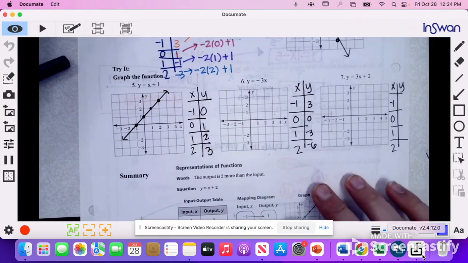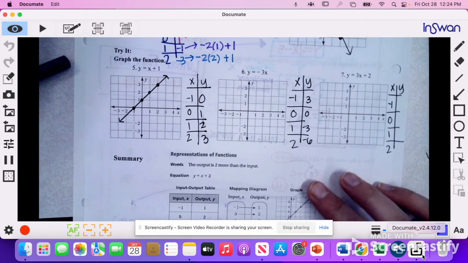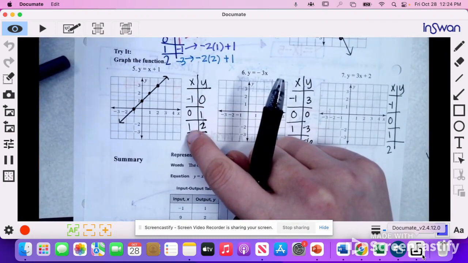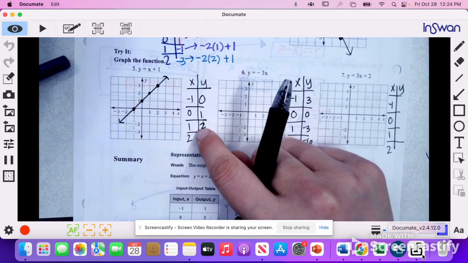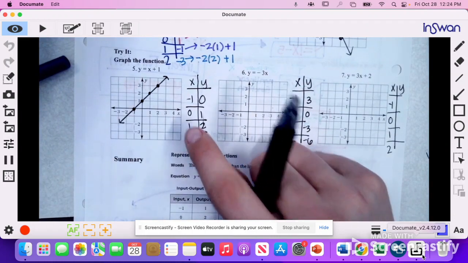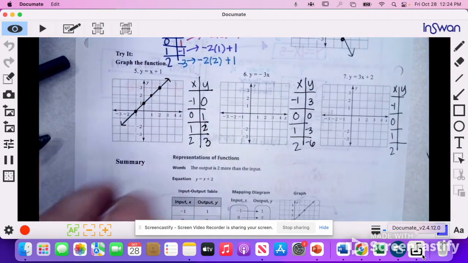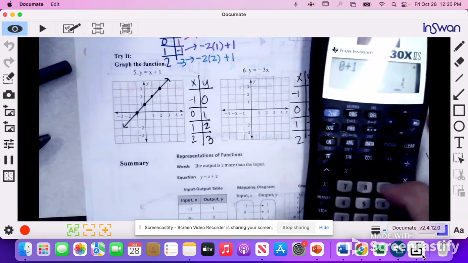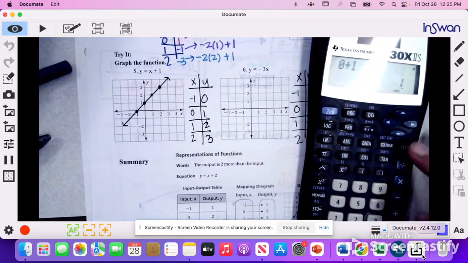Okay, so here's the rest of the first function. When I add 1 plus 1, I get 2. When I add 1 plus 2, I get 3, and I graphed it. These points came from, hold on.